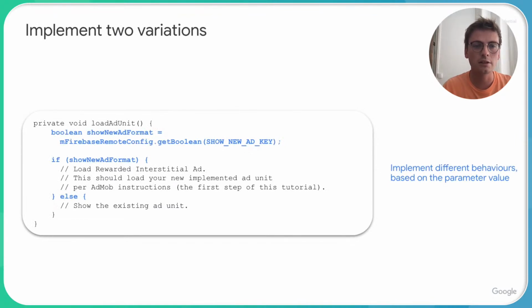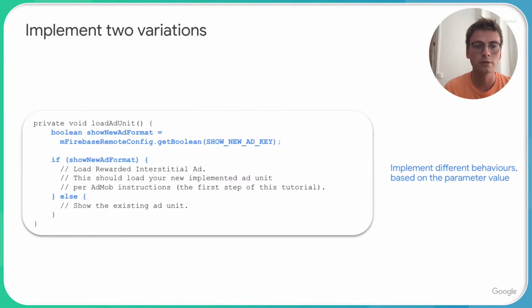And then in this ad loading logic, so this is your code, the code that exists already to load ads within your app, you are able to retrieve the parameter and make a decision based on the parameter value. So you can have different behavior based on the parameter value. Here we only have two possible values. If the parameter is equal to true, then we want to show a new ad.